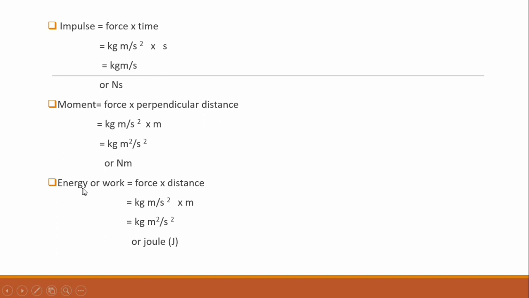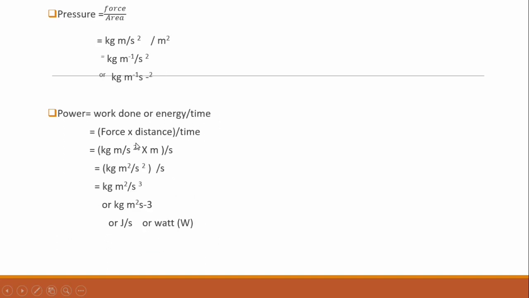Next is energy or work. Mathematically it is given by force times distance. Force is kg meter per second square and distance is in meter. So if you do the mathematics, you have kg meter square per second square, or joules. Next is pressure.